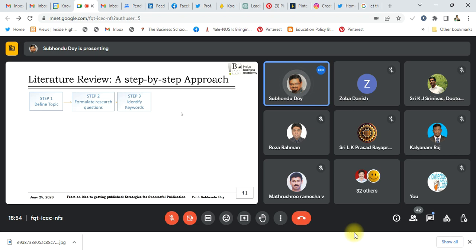Identifying keywords: it's important that you identify proper keywords because you need relevant literature, and there is a danger of getting a lot of irrelevant literature. If it is not sifted properly, then there is a problem. You will get into literature which is not relevant for your studies, and therefore your literature review would be weak.